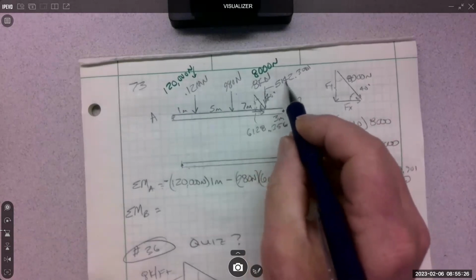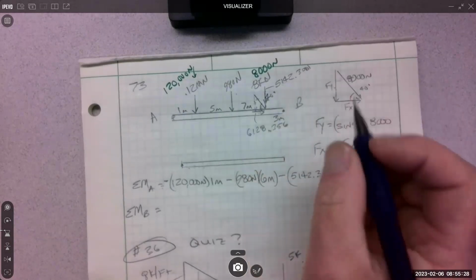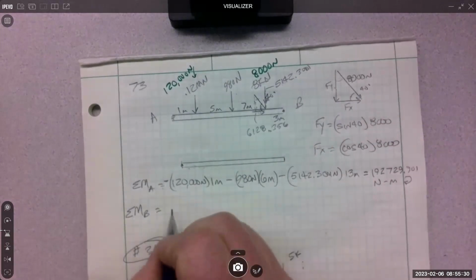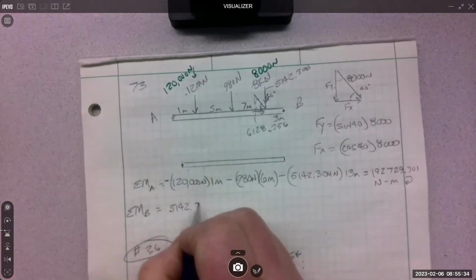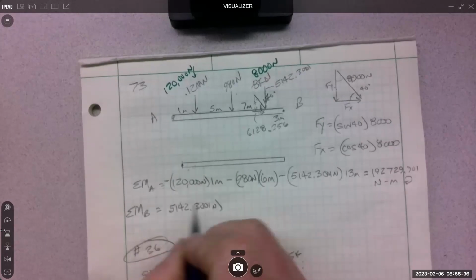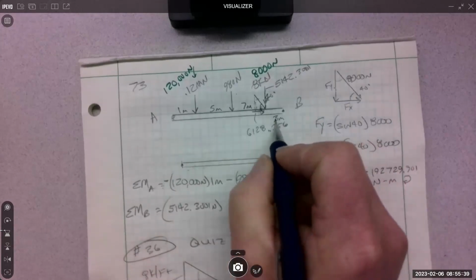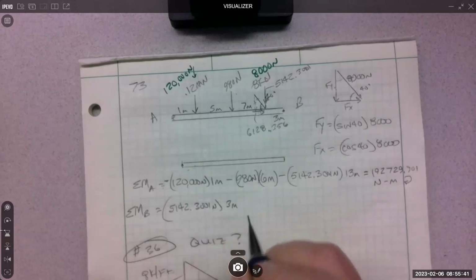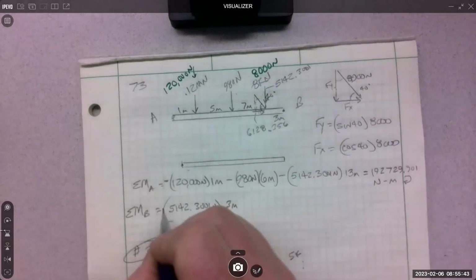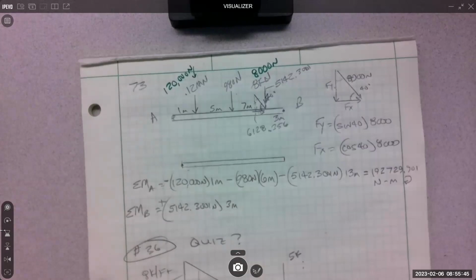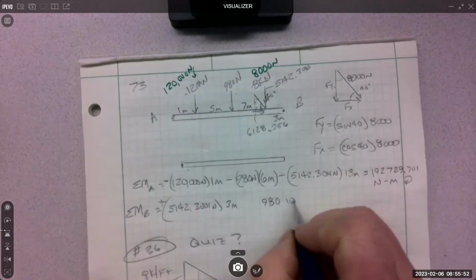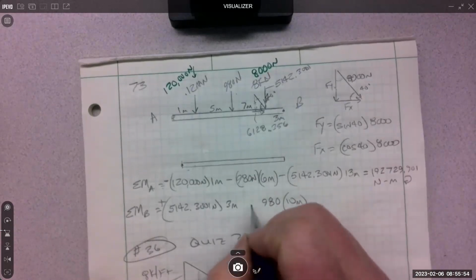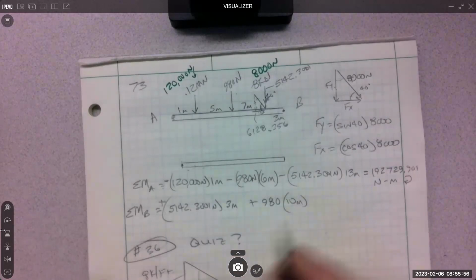I have the 5142.3001 times, is it 3 meters? And that rotation is going to be positive counterclockwise. And then we got the 980 times 10 meters. Same thing, positive.